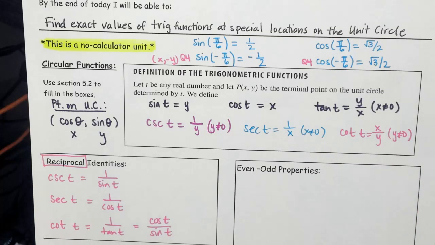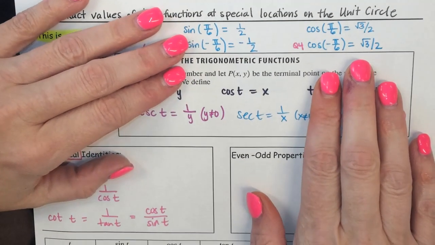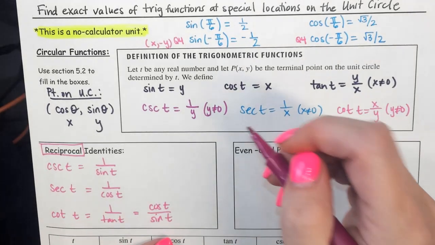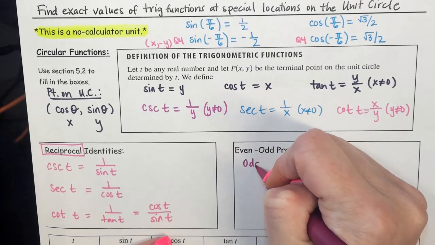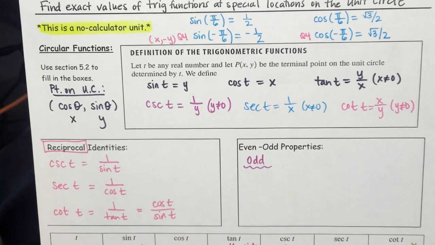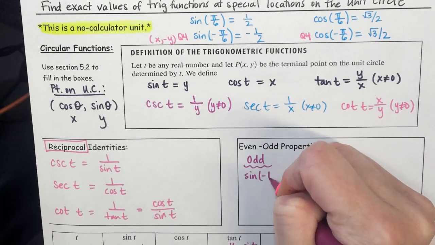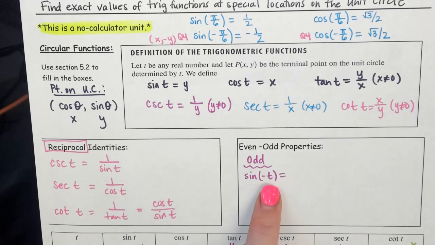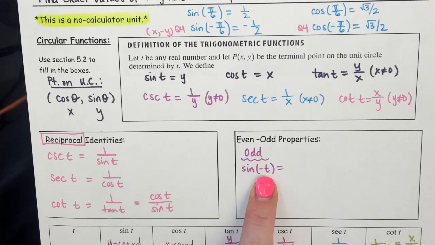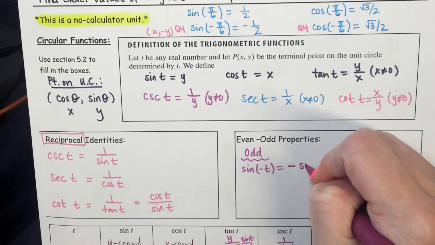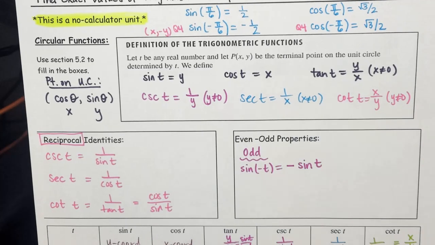Okay, the even and odd properties are going to be related to this, so we're going to refer back to them. Okay, the odd properties are going to include the sine and the tangent. Okay, so if it is odd, what that means is if you were to take the sine of a negative t, it would be equal to the opposite of the sine of t.